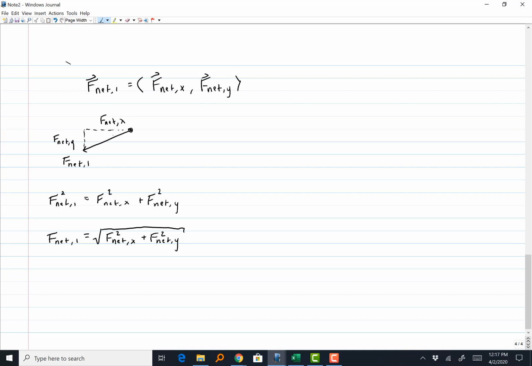And then to find the angle, which I've called phi, usually the direction we find relative to the x-axis, I can use inverse tangent. And those will give me my final answers.